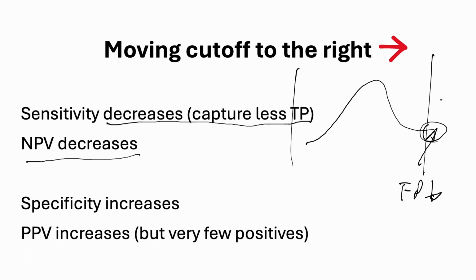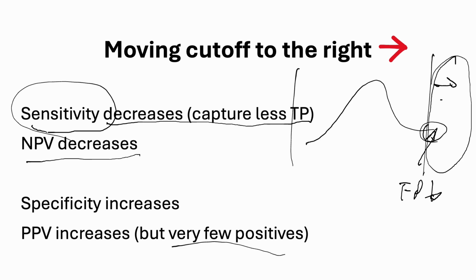That means specificity will increase and positive predictive value also increases because anything called positive at this point, you probably actually are positive. The problem is you're not capturing all the positives.